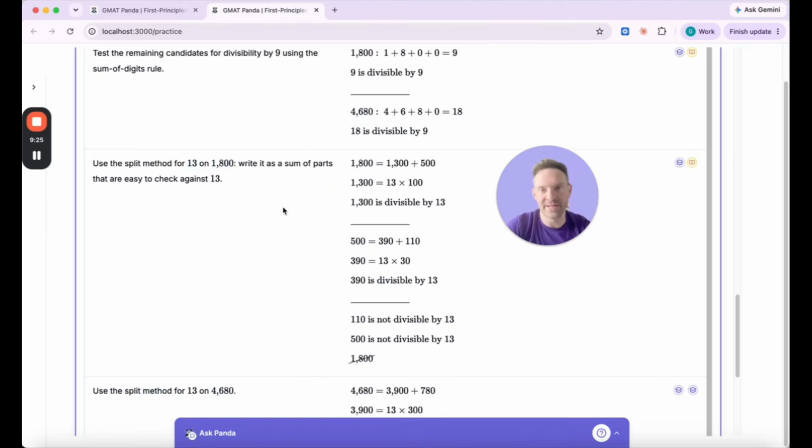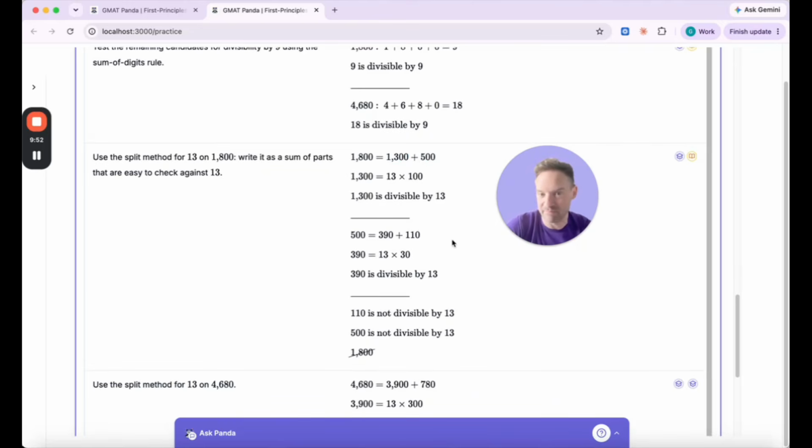Think, what is an easy number that I can calculate that's not too far off, that I know is going to be divisible by 13? The simplest one is just 1,300, because that's 13 times 100. Now, 1,800, if I split it, is 1,300 plus 500.